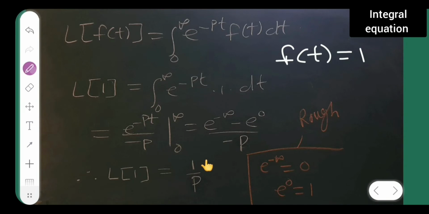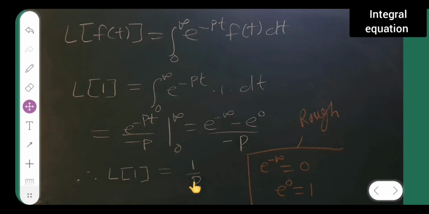So what will remain here is minus 1 upon minus p, right? This minus sign will get cancelled. What will remain is 1 upon p. Now Laplace of 1 is nothing but 1 upon p.